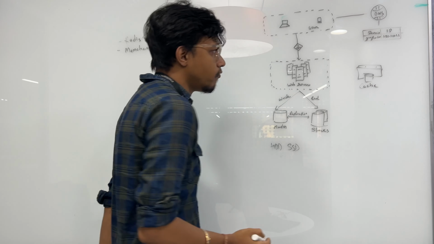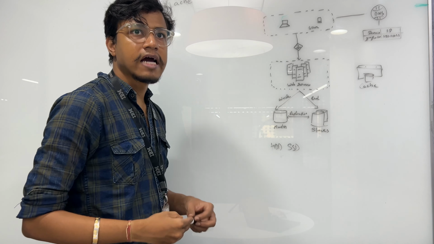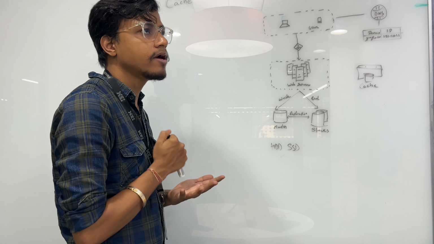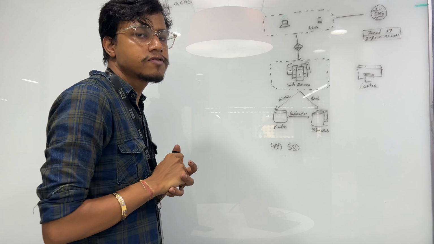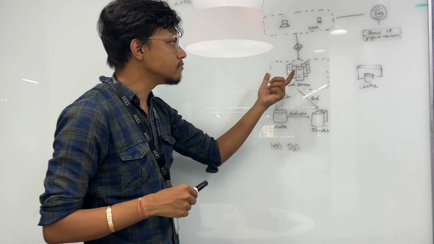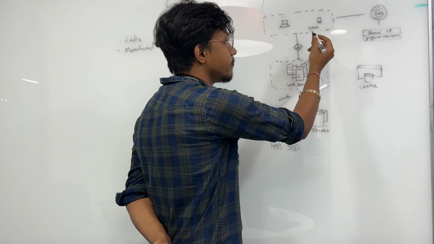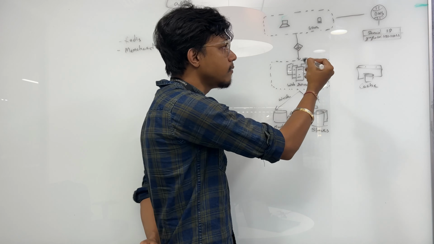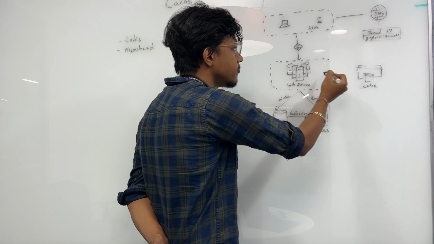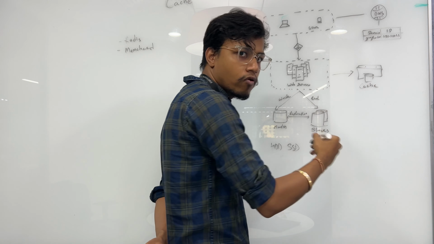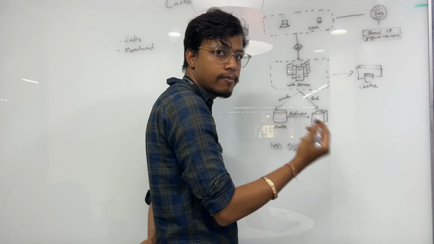Now, we have a lot of caching strategies. For example, there is the read-through strategy, in which whatever request comes will first go to the cache. For example, some user in India is searching for IPL, so a request will come to the web servers. The web servers will first send this request to the cache, which will look for the IPL query.